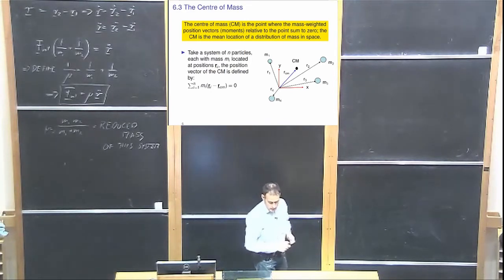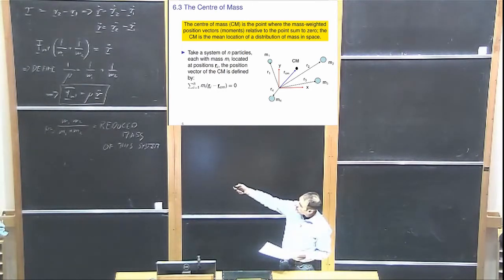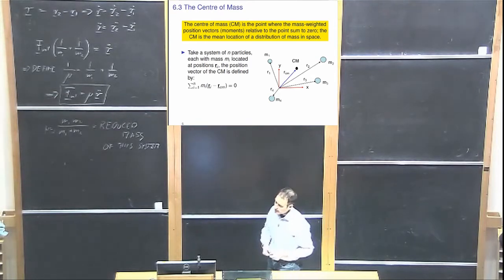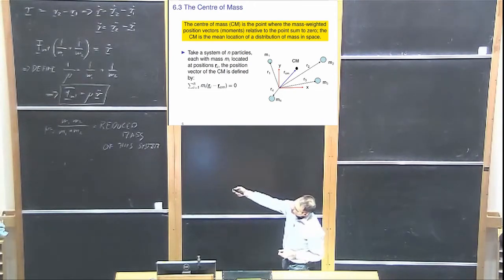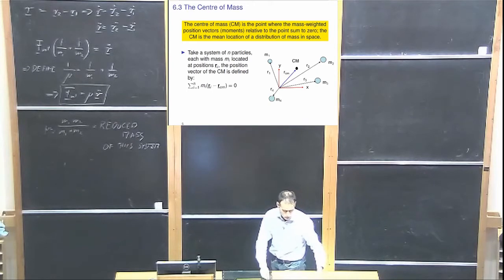Now, we have here a discrete system of n point masses with respect to some origin, and the center of mass of this system is defined as the sum from i to n of m_i times (R_i minus R_cm) equals 0.